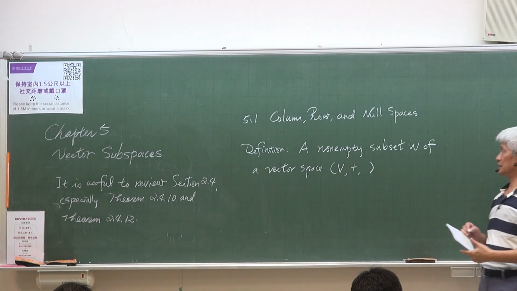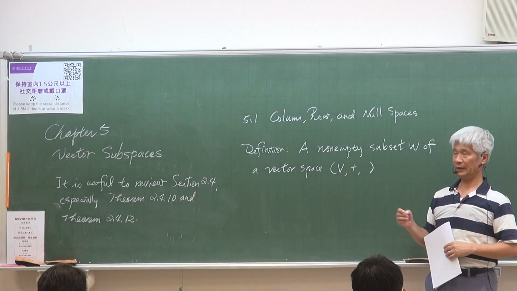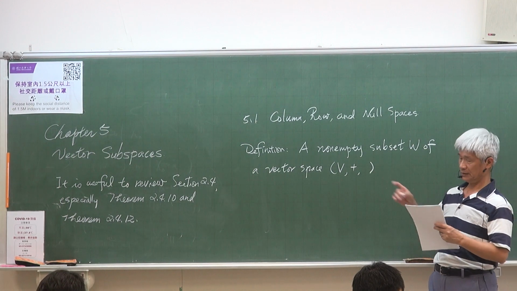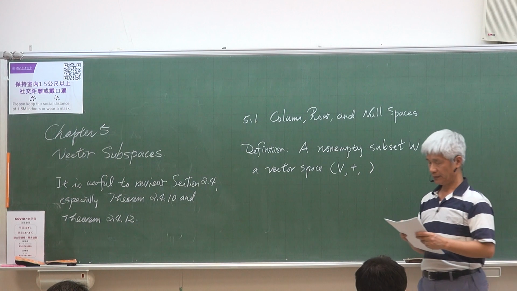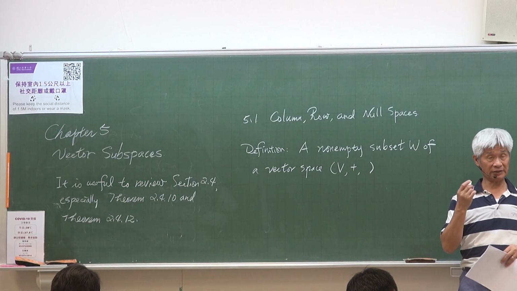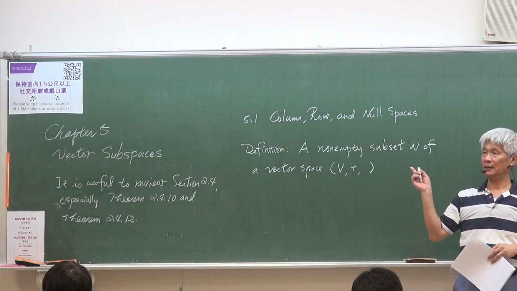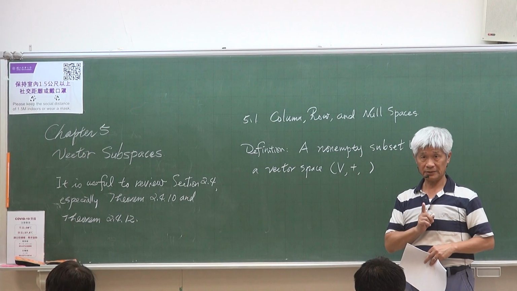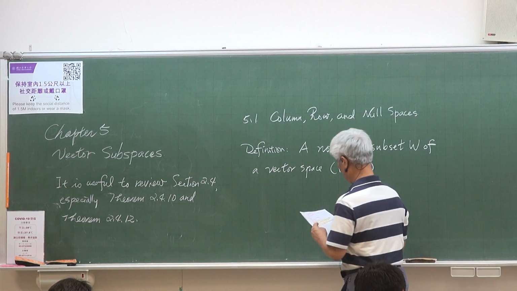So we have vector addition, and then we have scalar multiplication. We usually specify a vector space using such a triplet. If we know the definition of vector addition and scalar multiplication in the context, then we will use V itself to denote the vector space. That is a convention used.